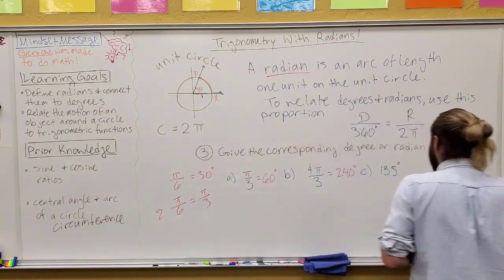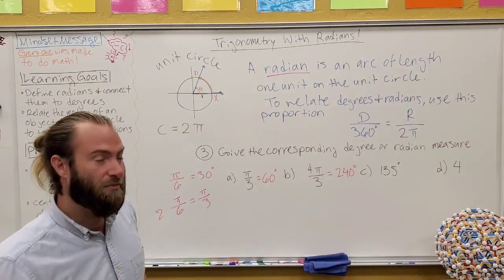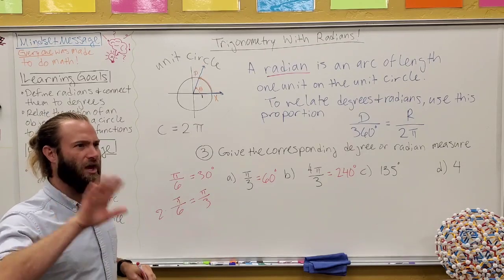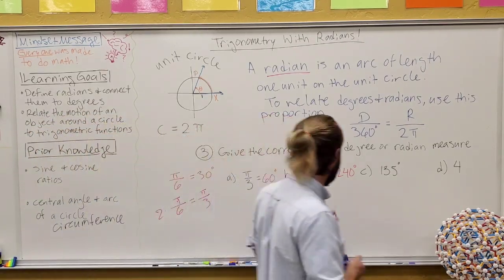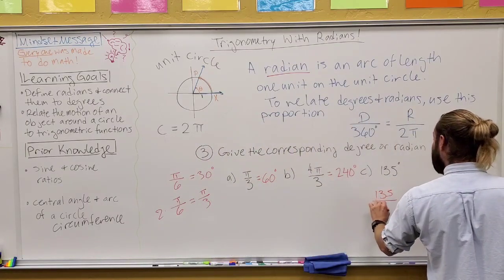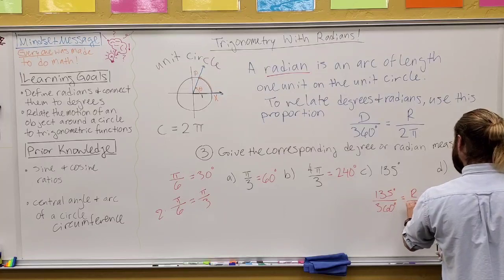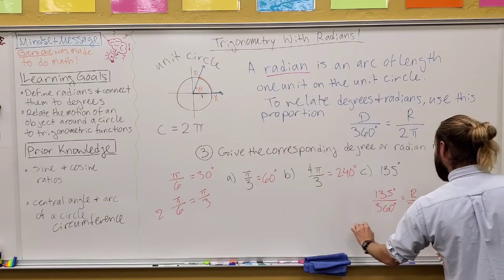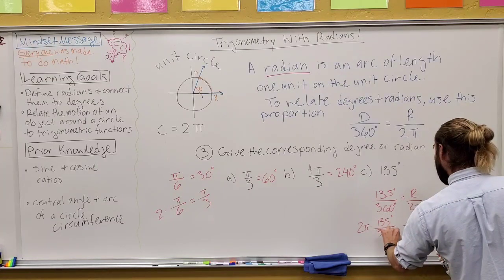135 degrees. This is another one that I should have thought about and done ahead of time, although actually I should know this. Hold on. I'm just going to give you the answer. If you set up that proportion, 135 over 360 equals r over 2 pi, that means r is going to be 2 pi times that ratio, right?